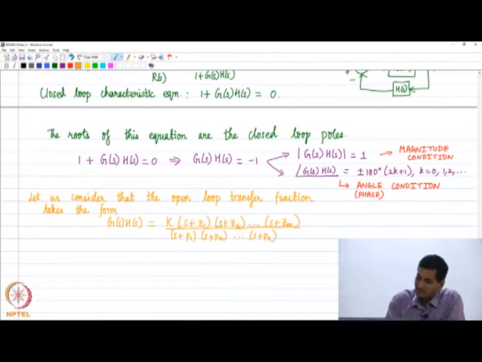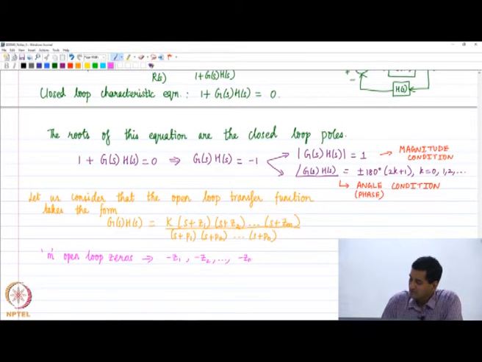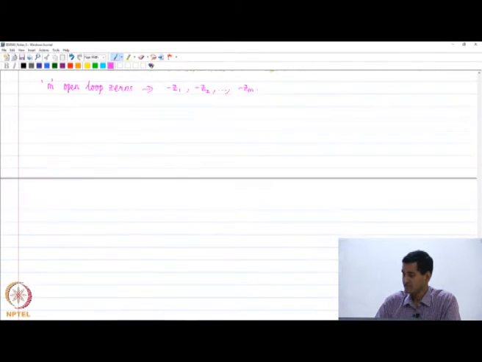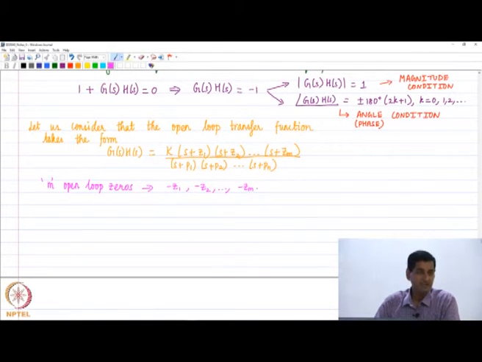So immediately we can see that there are m open loop zeros. What are the m open loop zeros? Minus z1, minus z2 all the way till minus zm. So there are m open loop zeros, do you agree?